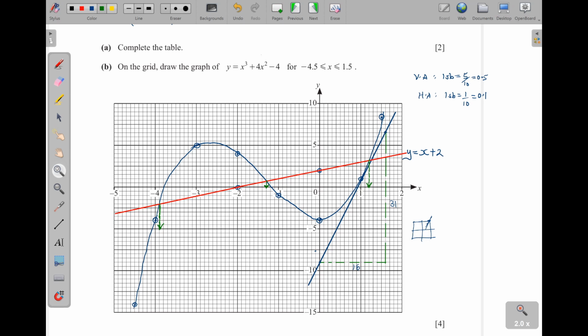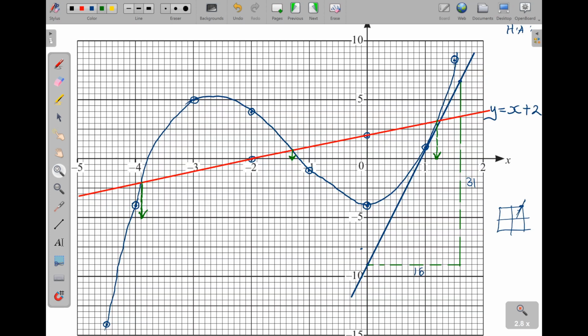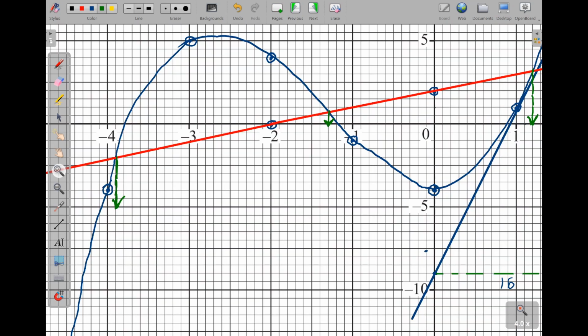Now, when you check this one here properly, it is not yet on negative 4, so it is negative 3.9. Then when I come to this one here, it is negative 1.3.